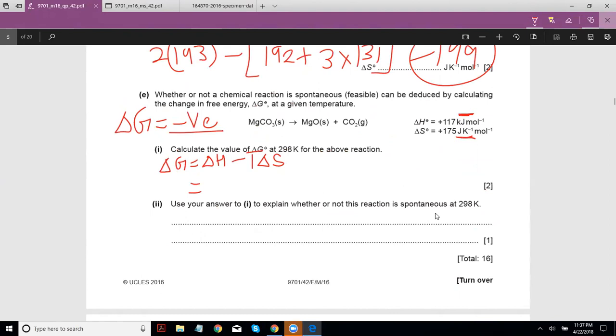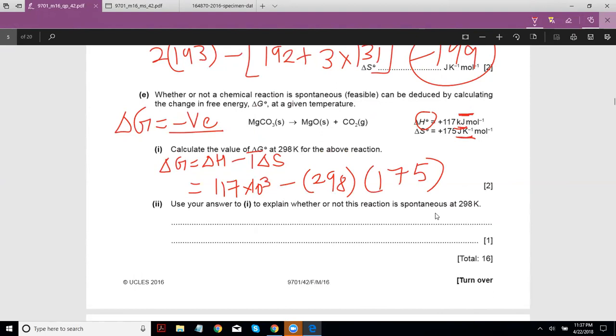So this is 117 into 10 to the power 3, because kilojoules, minus 298 into change in entropy 175. I've just converted enthalpy change into joules, or you could convert entropy into kilojoules, whatever.